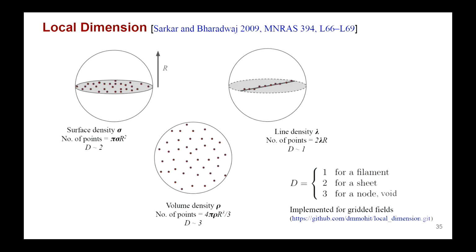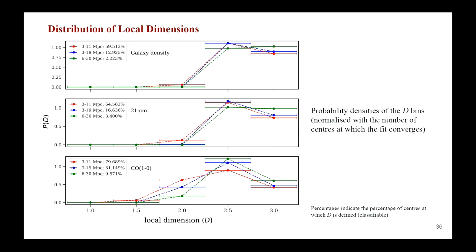To verify whether the results are reasonable or not, we chose another statistic called local dimension, which tells you whether the cluster of points you are looking at are lines, sheets or clusters. So this dimension D is 1 for a line, D is 2 for a sheet, and D is 3 for a sphere or a cluster or node.